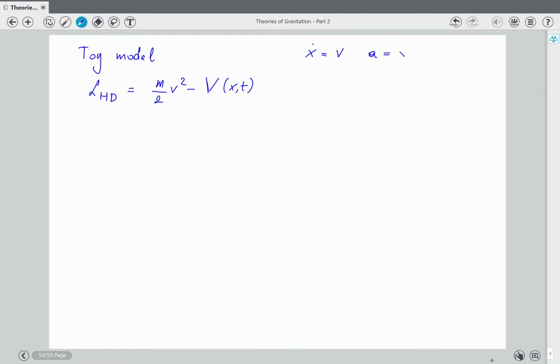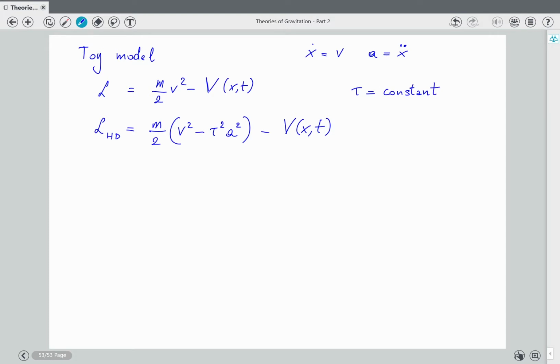I will denote velocity and acceleration by means of V and A. So this is a Lagrangian, non-relativistic. Let me now consider a higher derivative version of it, where I add some terms with a higher derivative, so the square of the acceleration.